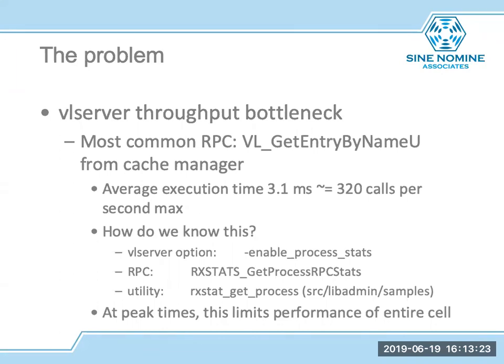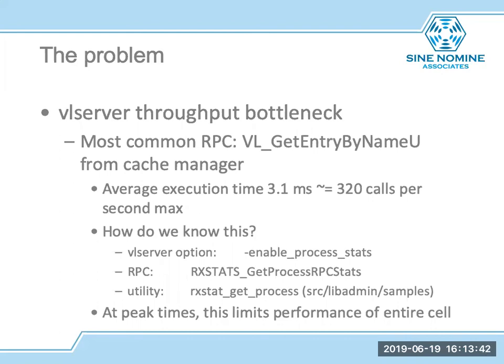So this is the first step in figuring out what we need to do to fix this. Let's find out if there's any relation to what type of load is going against the VLserver. And if it's a particular RPC, then maybe we can do something about improving the performance of that RPC. With me so far? Okay.